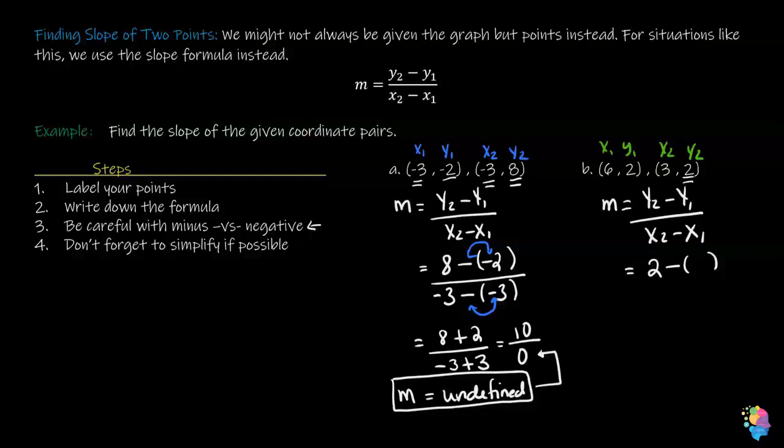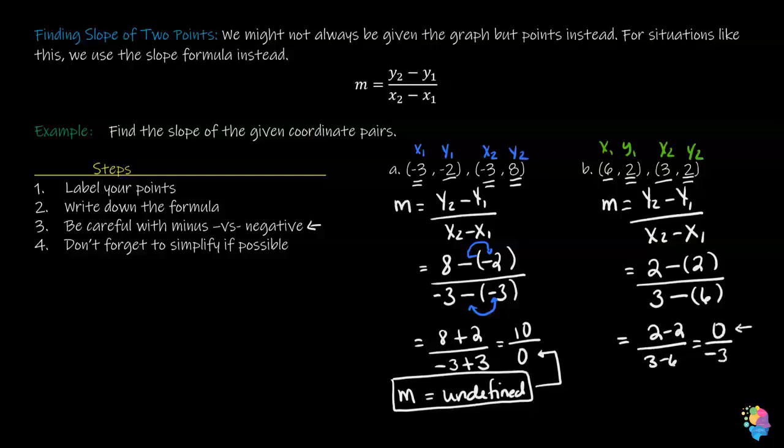So this was 2 from y2 and another 2 for y1. And then in the denominator, x2 is 3, the minus from the formula, and then I bring down x1. Well, x1 in this case is 6. Since I don't have a negative minus situation, this is just 2 minus 2 over 3 minus 6. Well, 2 minus 2 is 0, and 3 minus 6, that will be negative 3.